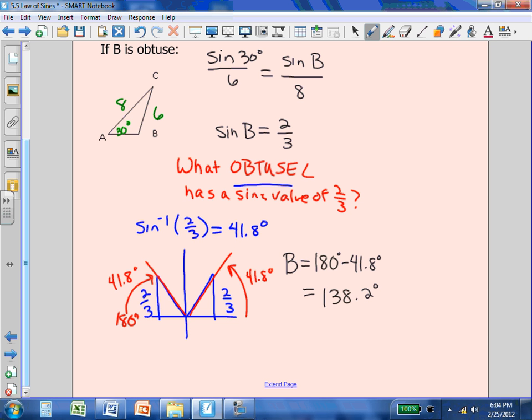That's completely different from the situation where we assumed that B was acute. So right now angle A is 30, angle B is 138.2 degrees, side A is 6, and side B is 8.